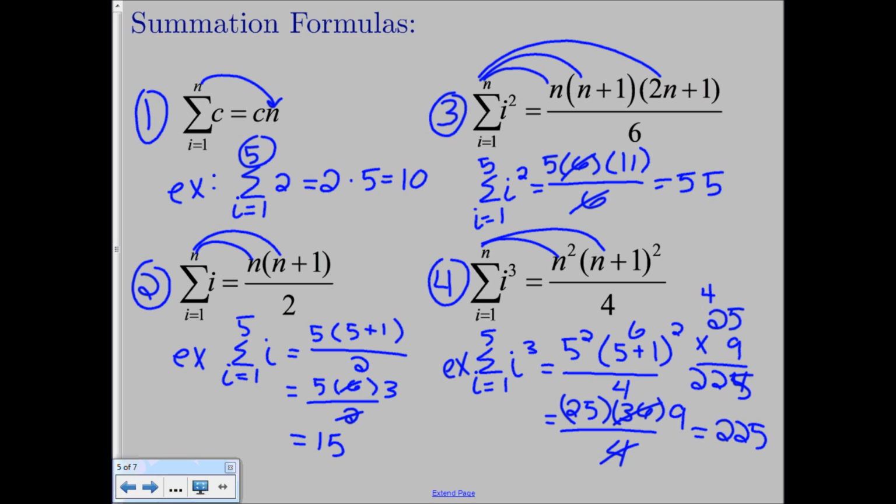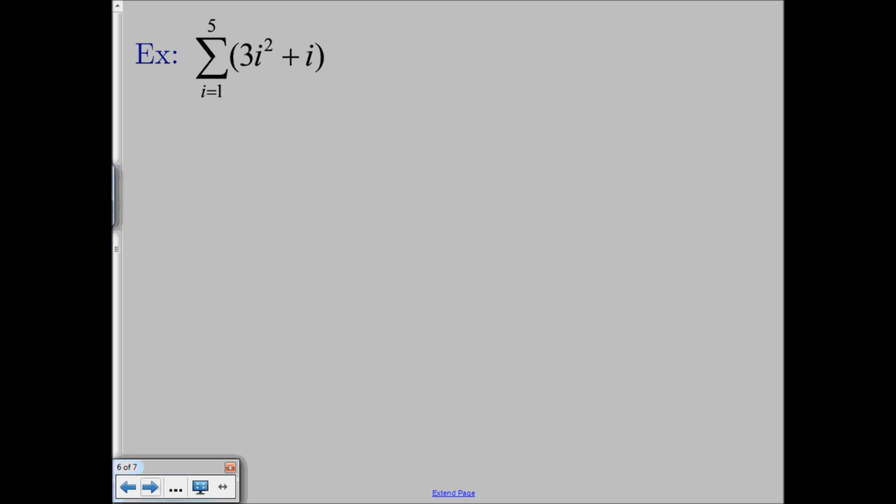Now we're going to do a few examples to see how to use them when our sums have multiple parts. Our first example is the sum from 1 to 5 of 3i squared plus i. The first thing we want to do is break this up into two sums: the sum from 1 to 5 of 3i squared plus the sum from i going from 1 to 5 of i.